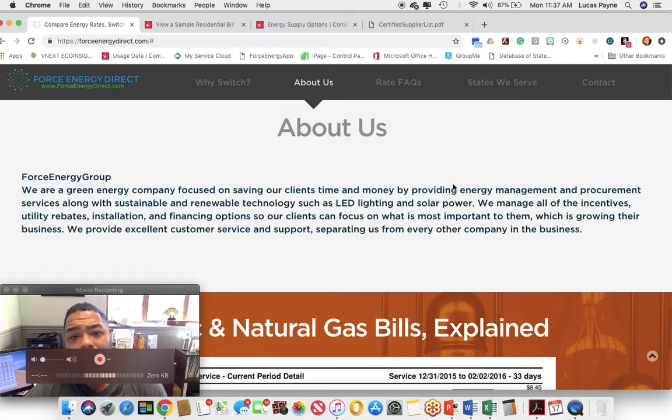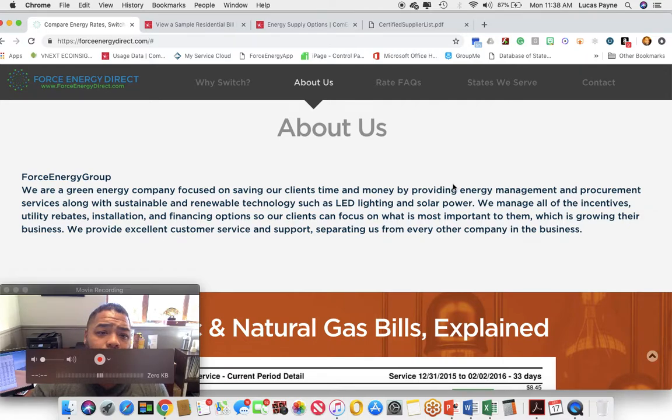So think about LED lighting, solar power, combined heat and power, which is also called CHP, wind power, battery backup. We help clients find ways to save money from the way that they buy their energy, ways to save through sustainable technology, ways to produce their own energy through solar and CHP, and the way to then store that excess energy or get credits.